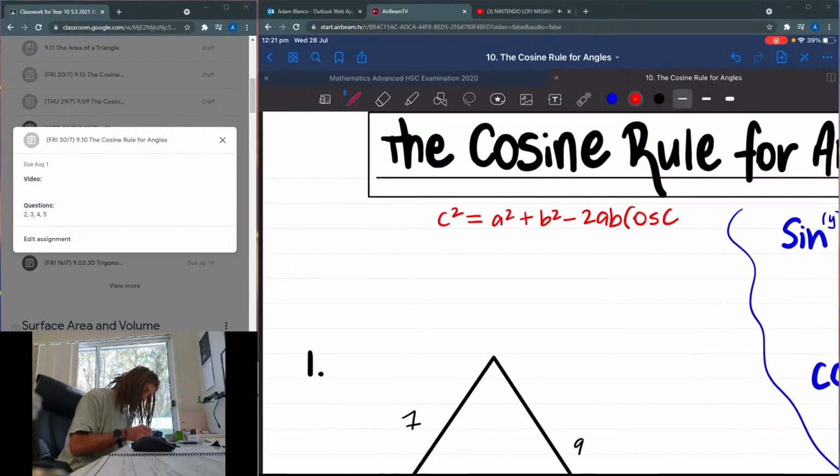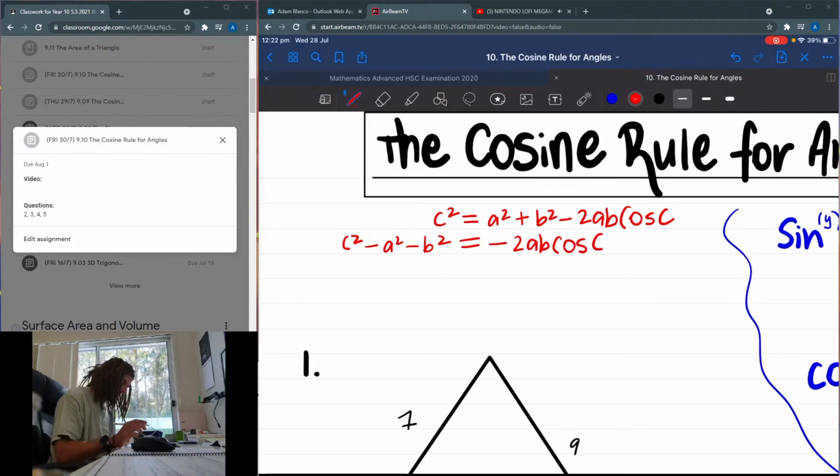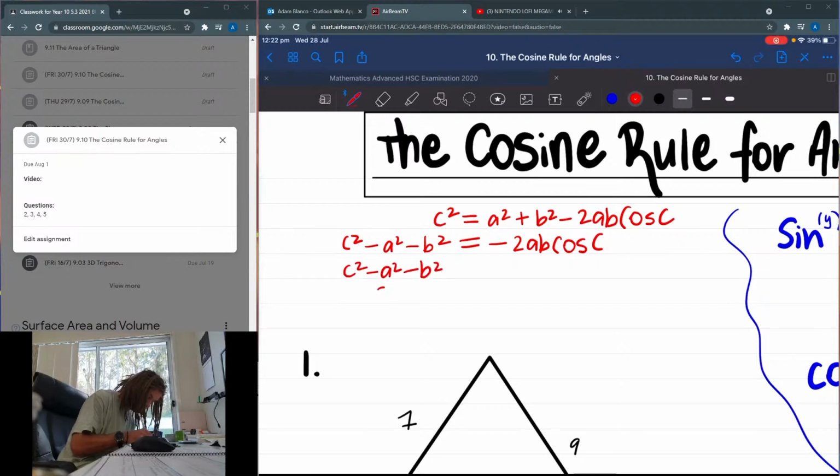So I've got c squared minus a squared minus b squared equals minus 2ab cos c. Okay, now I'm going to divide by minus 2ab. So c squared minus a squared minus b squared on 2ab equals cos c.